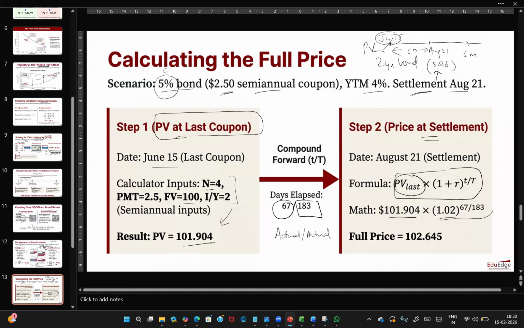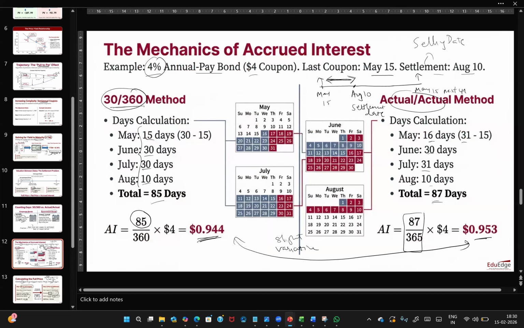So that's another method of calculating accrued interest. So one method is what I showed you, which is using this formula, days between last payment and settlement divided by the difference between any two coupon dates into the regular coupon payment. So that gives you accrued interest.